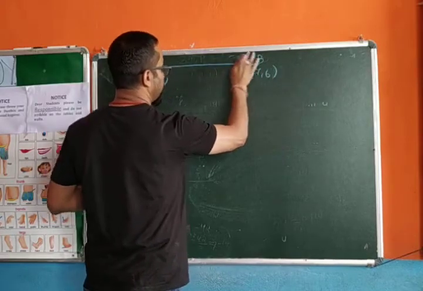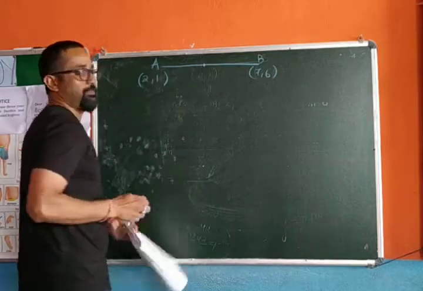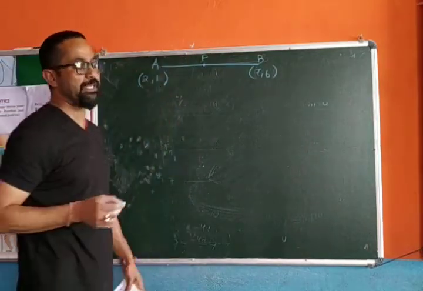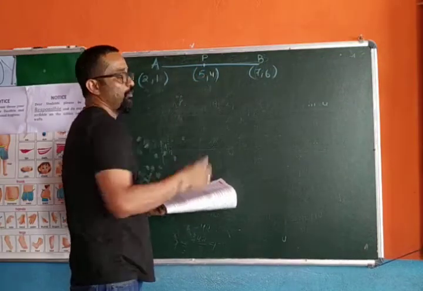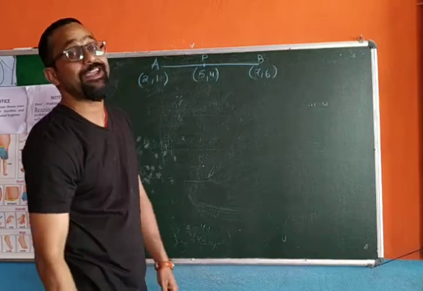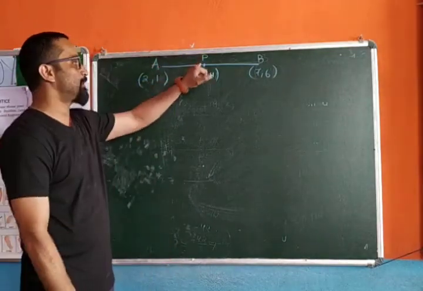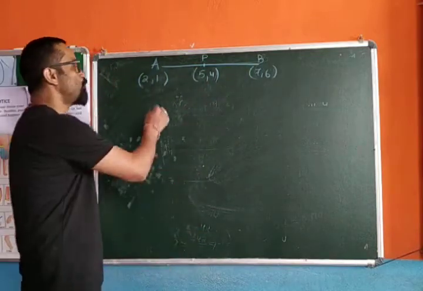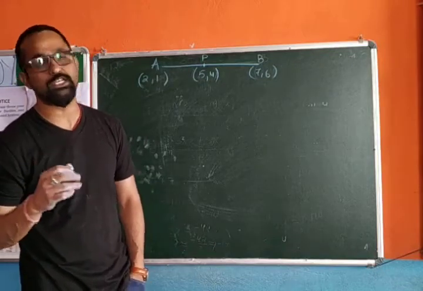We join it. Then we have a point here. Name is not given again, so I am assuming it as P, 5, 4. Question says find the ratio. We do not know in what ratio this P is dividing the entire line. So assume it. If you do this assumption, it will be easier to calculate.